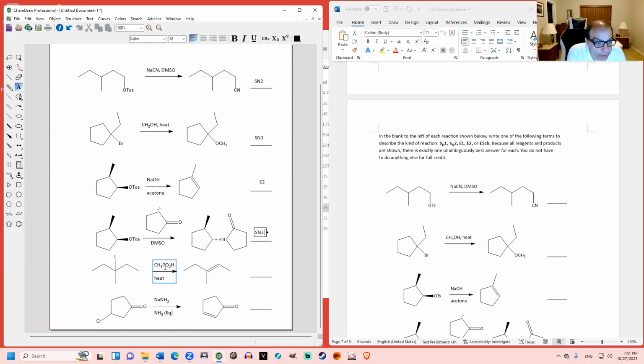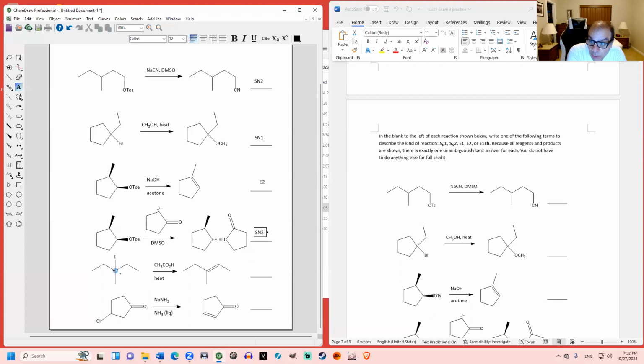We're in a protic solvent that's also acidic, and E1CB reactions require a strong base. And since the solvent's protic, we're not going to have an E2 reaction, probably. Especially not since we have a tertiary substrate.